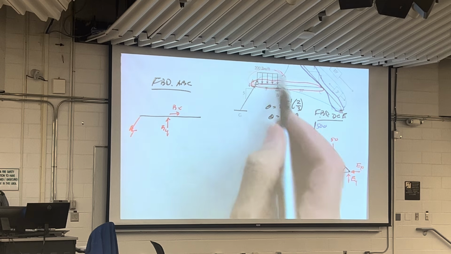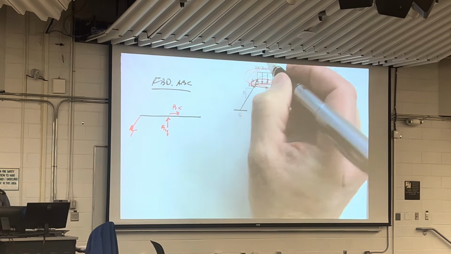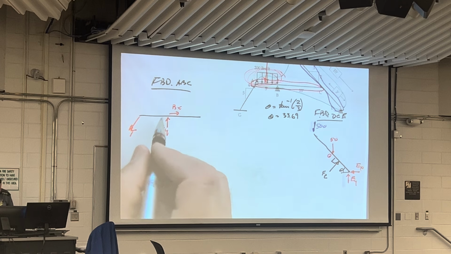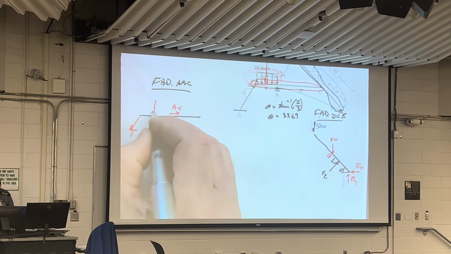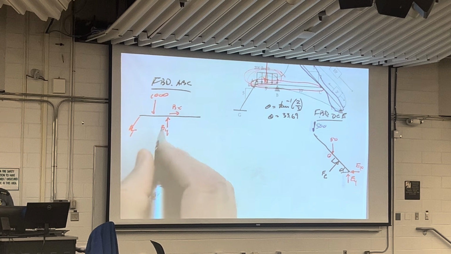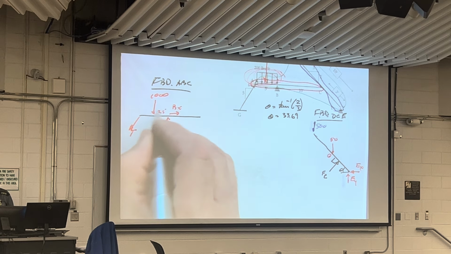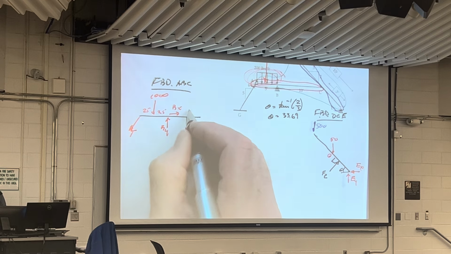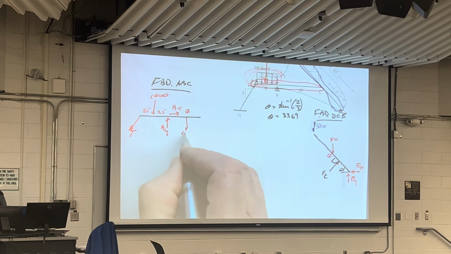I have a distributed load that I cut through. I reduce that down to a single force, which is 1,000, acting 2.5 here, 2.5 there. And then, of course, we're going to put in the weight at G, which in this case is 100.